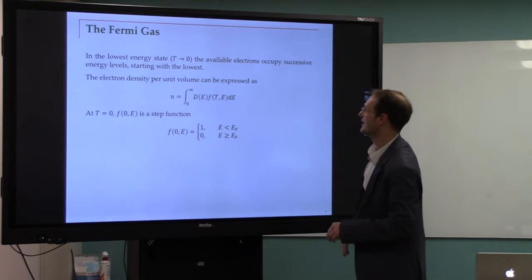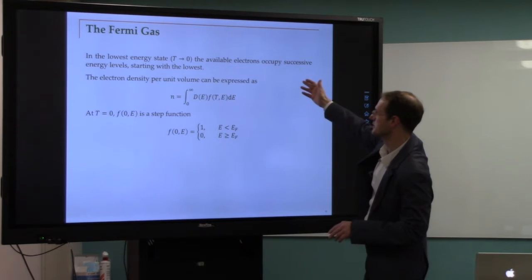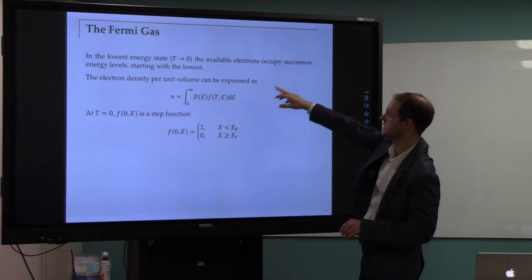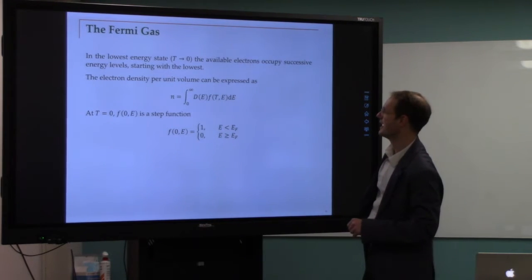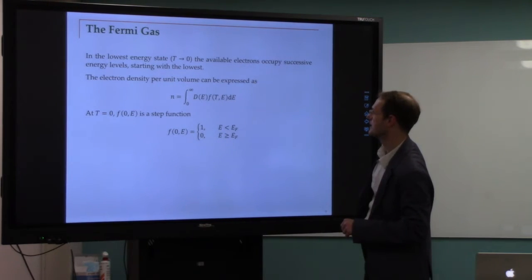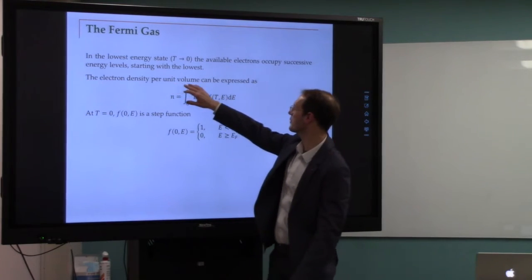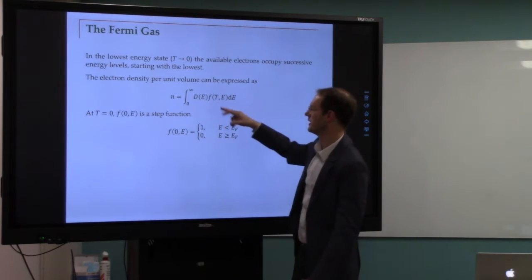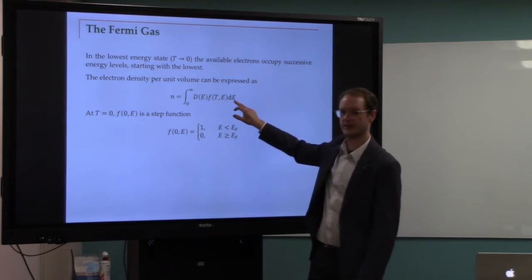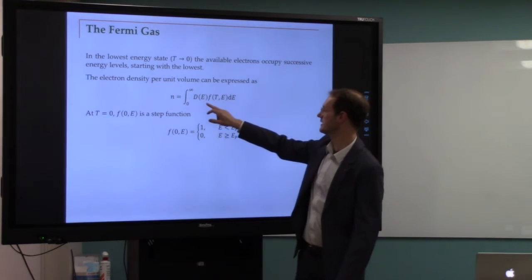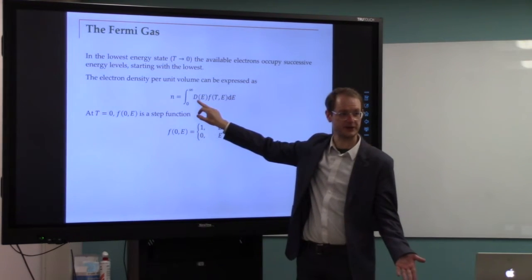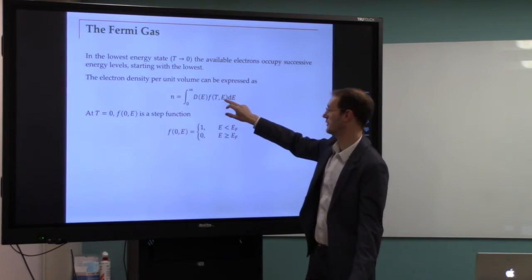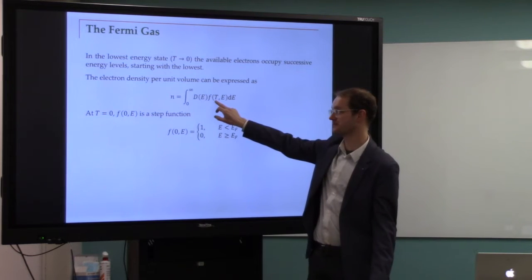So in the lowest energy state at T equals 0, the available electrons occupy successive energy levels starting with the lowest, and the electron density per unit volume, N, can be expressed like this. You integrate over the energy the density of states at that energy, times the occupation of those energy levels at a certain temperature.